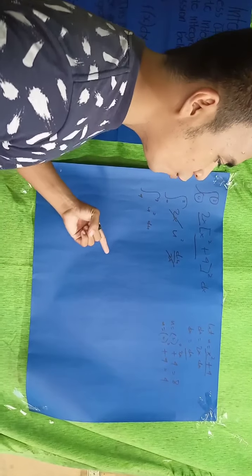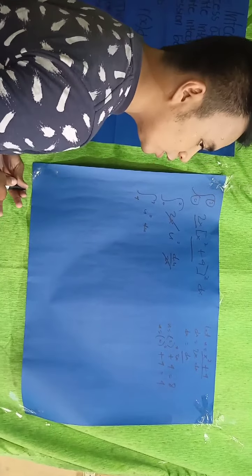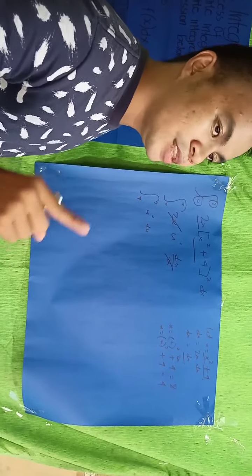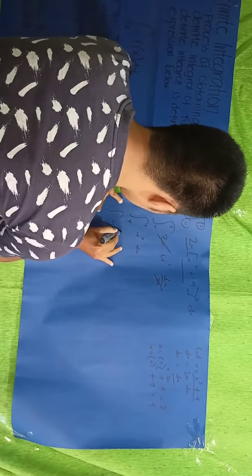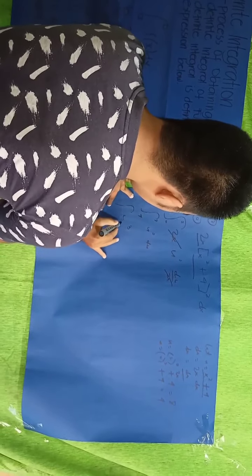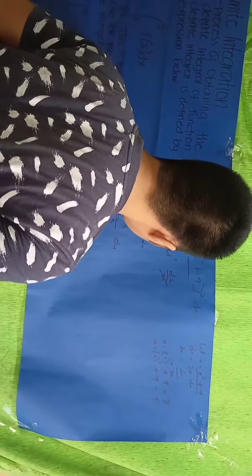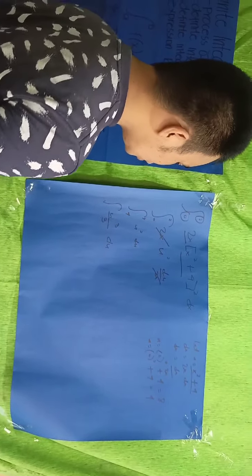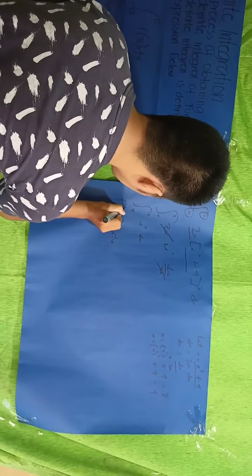Now that we have our new set of limits, we will solve it. But first, we will integrate. So, the integral of u cubed over 3, du, from 4 to 8.